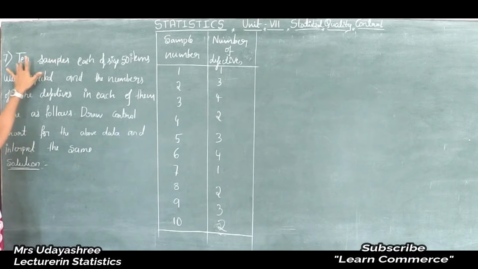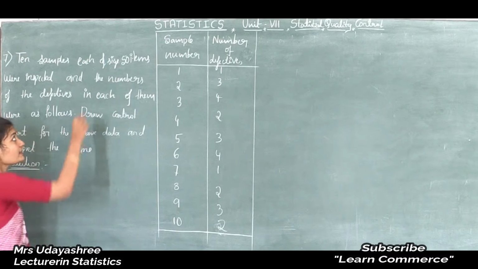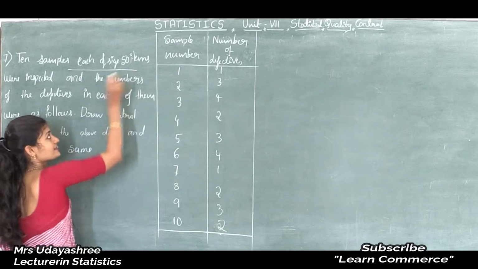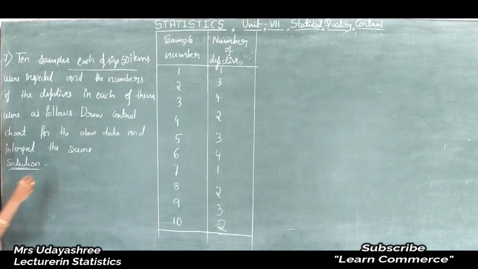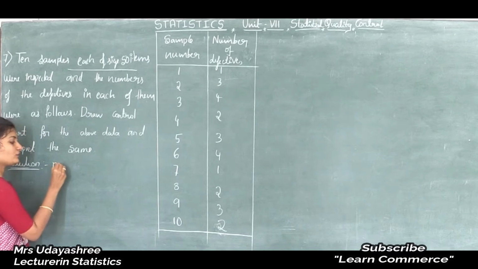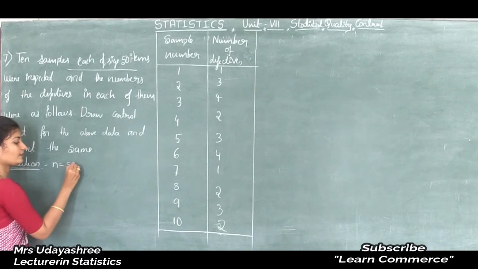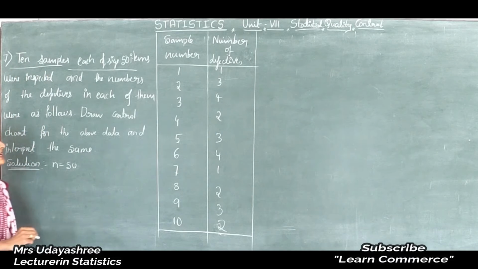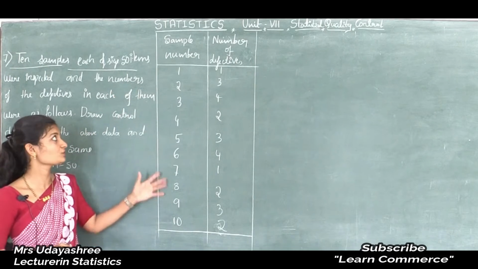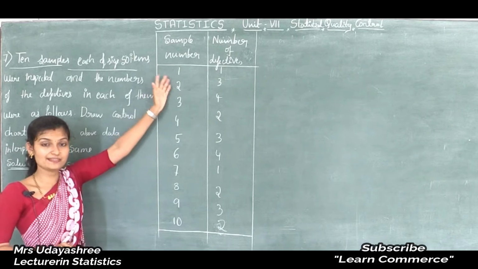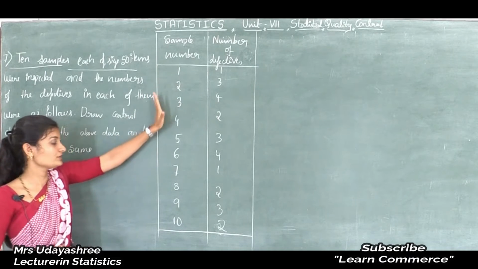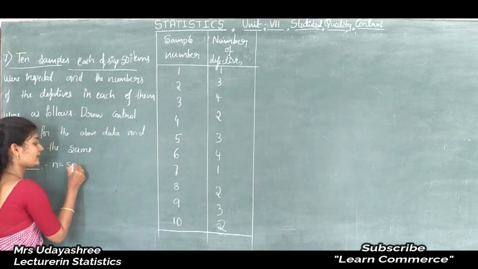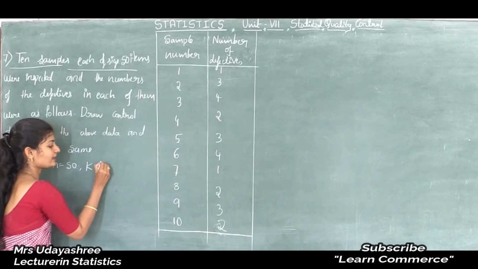So what is 10 here, what is 50? 50 is the sample size, so n is equal to 50. Next, 10 samples means the number of samples or subgroups, which we know is denoted by k. So here 10 is k.